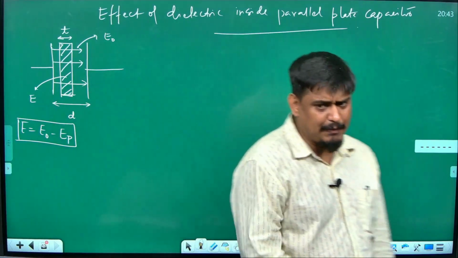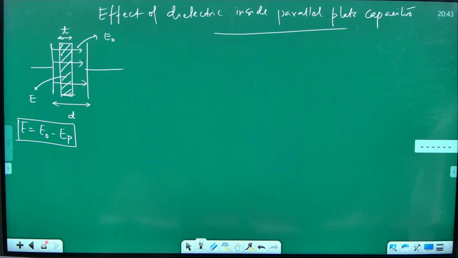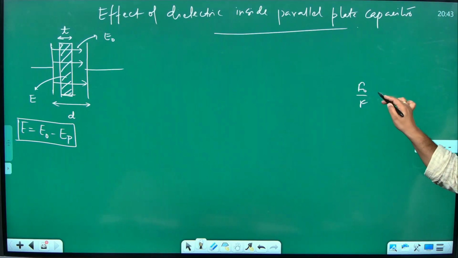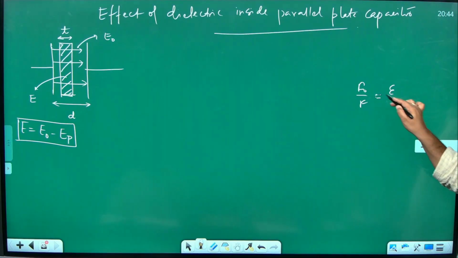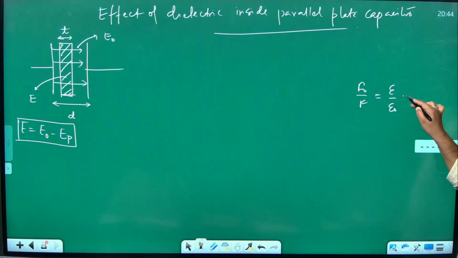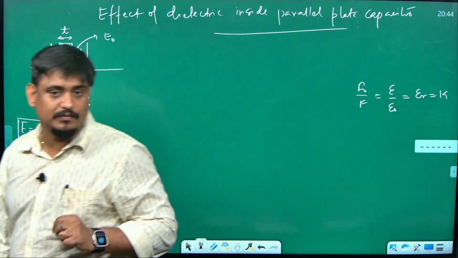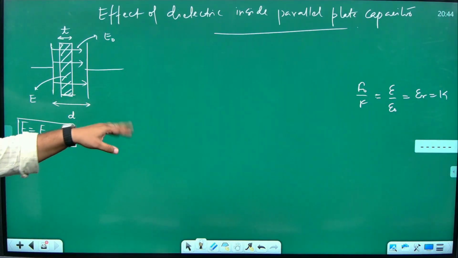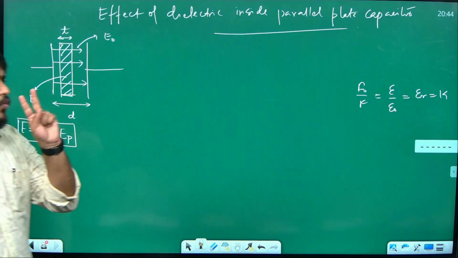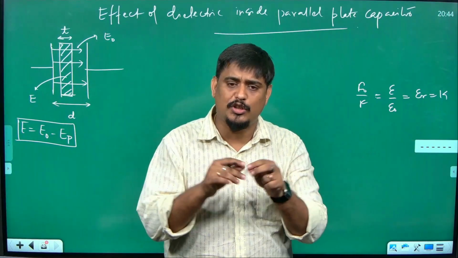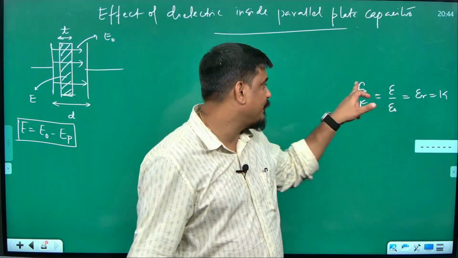Coming back, in the first chapter I taught you F naught by F is equal to epsilon by epsilon naught is equal to epsilon R is equal to dielectric constant kappa. What was this? I will recall it. If two charges are kept in free space, they will have some force between them, that is F naught.